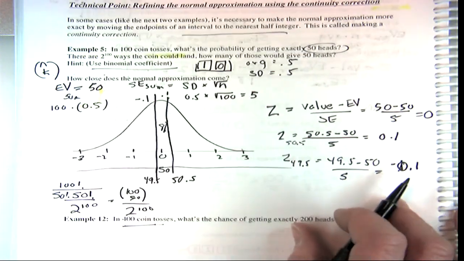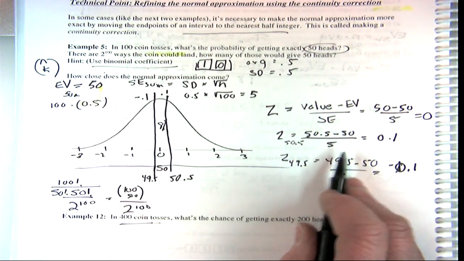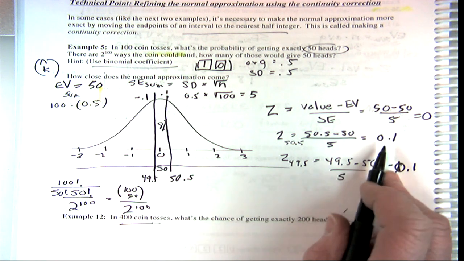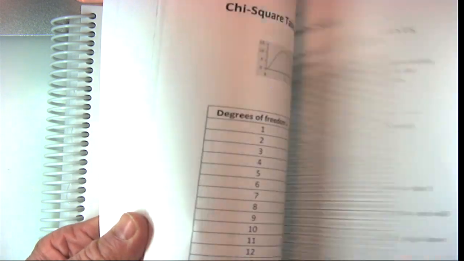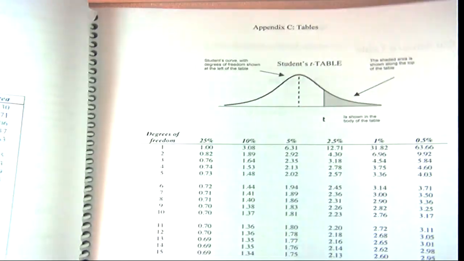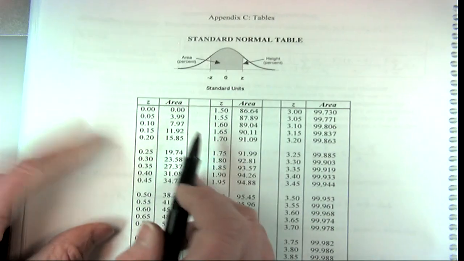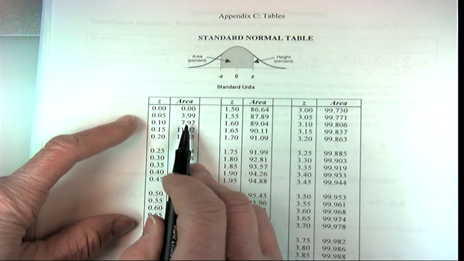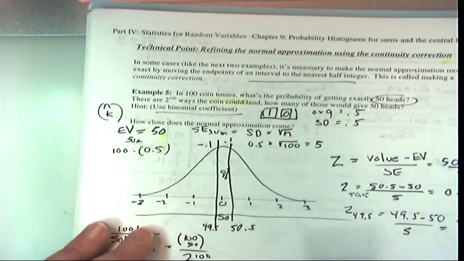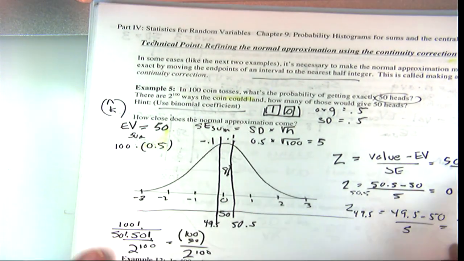So we'd have a 10 down here, so we'd have 0.05. So if we look that up, you can probably guess what it's going to be. It's about 4. This is about 8, and this is about 4. Because right in the center there, it's like a rectangle, so we're just cutting that in half.